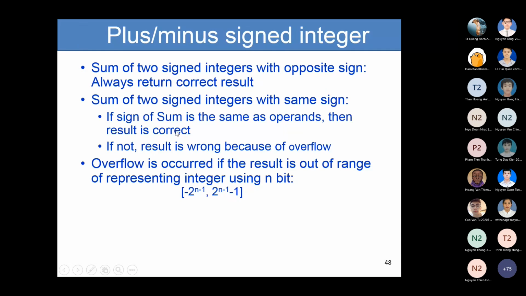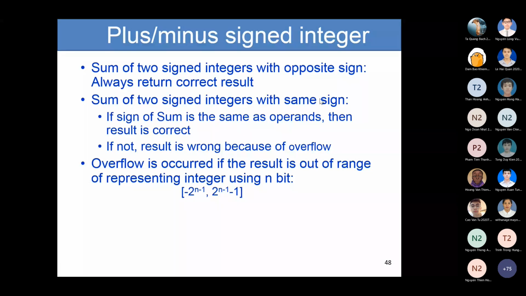For signed integers, there are some summary notes. Sum of two signed integers with opposite sign, the result will always be correct.